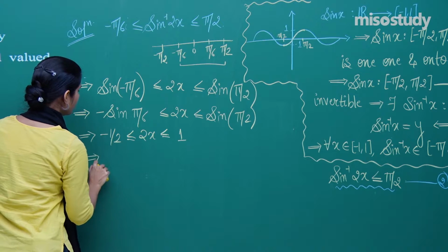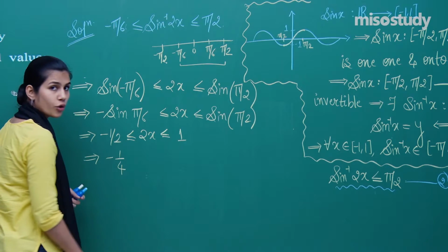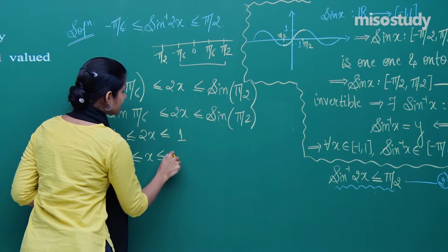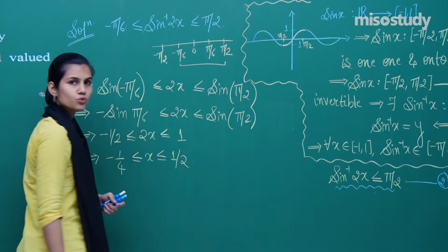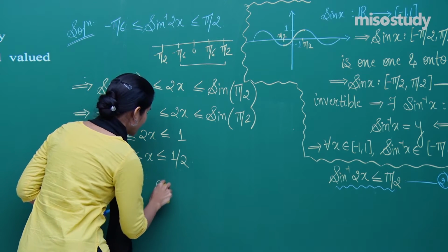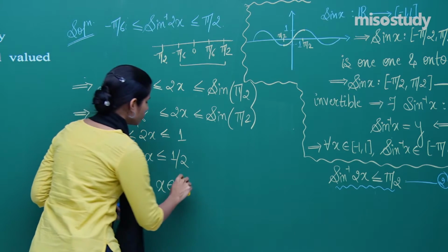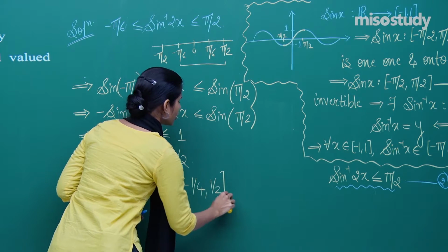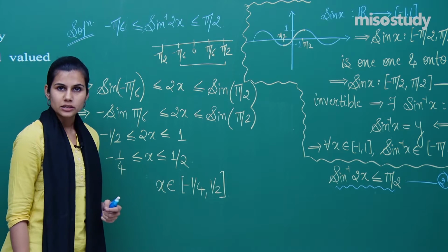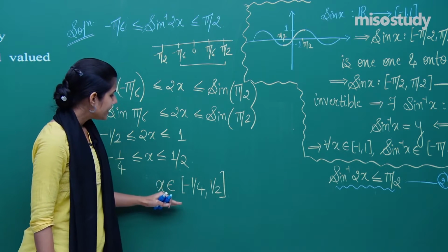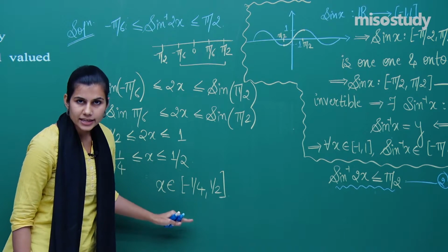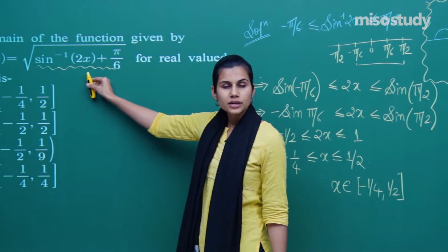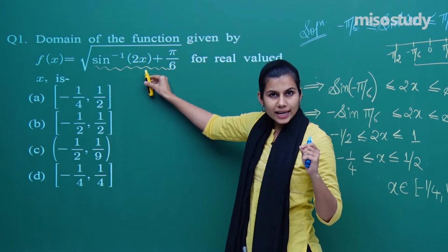And this gives you minus 1 by 4, just bring this to the side, is less than or equal to x is less than or equal to 1 upon 2. And this can be written as x belongs to minus 1 by 4 comma 1 by 2 closed interval. And that means it is these values of x which make this expression of f bring out real values.